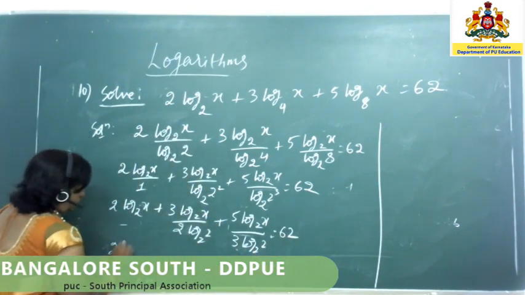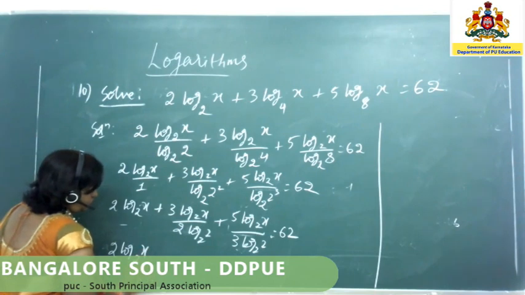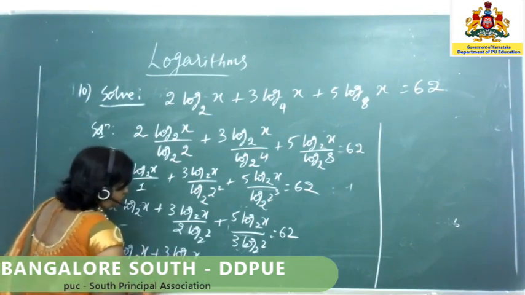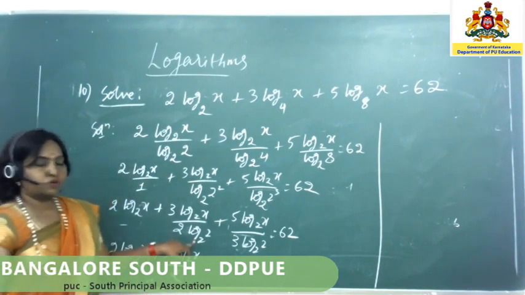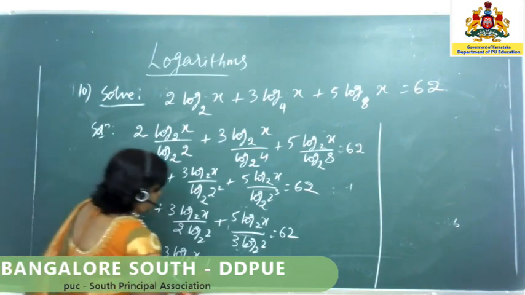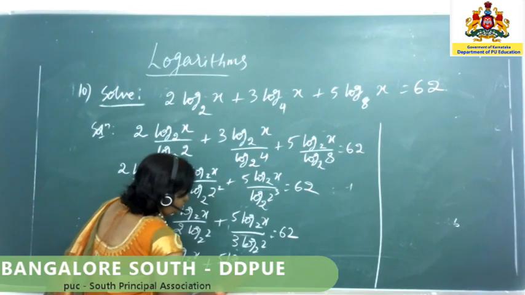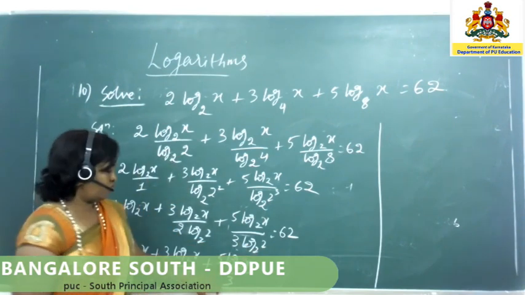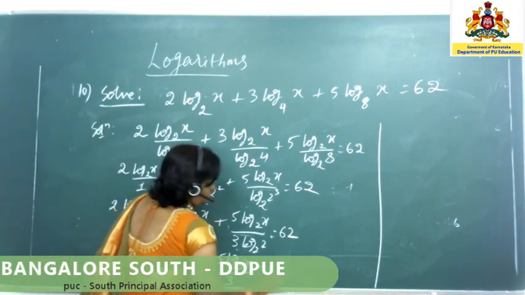So this is equal to log x to base 2 plus 3 log x to base 2 by 2, since log 2 to base 2 is 1, plus 5 log x to base 2 by 3. Again here log 2 to base 2 is 1. So it is equal to 62.